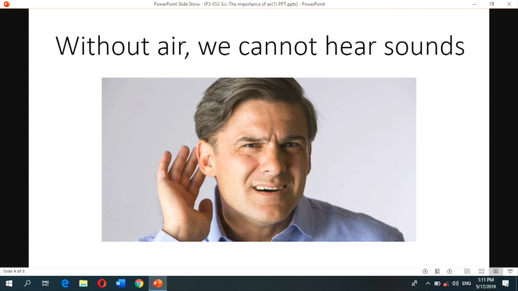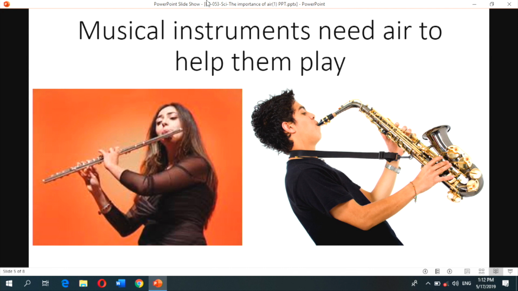So you know music, musical instruments, when we blow into the musical instruments, we're using air to make the music. Musical instruments need air to help them play.